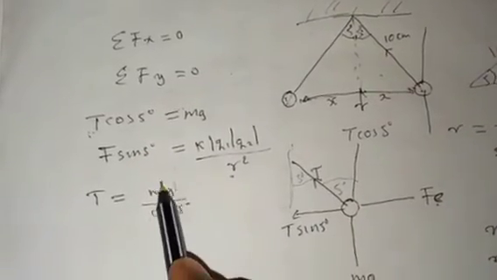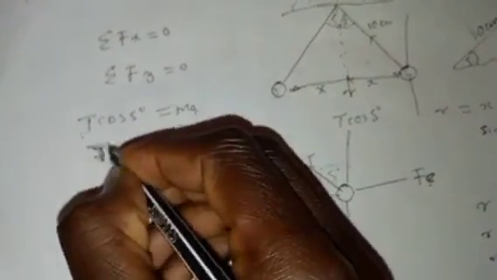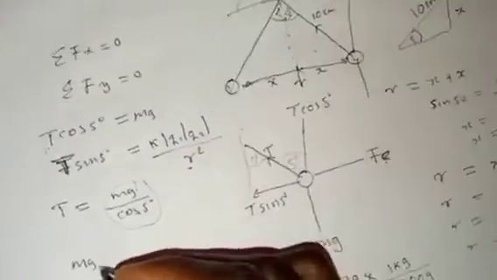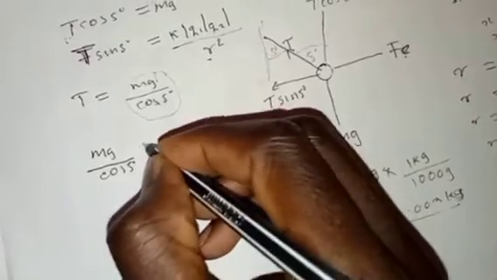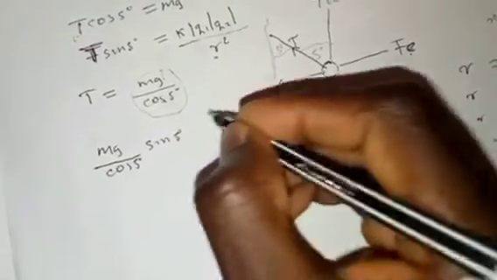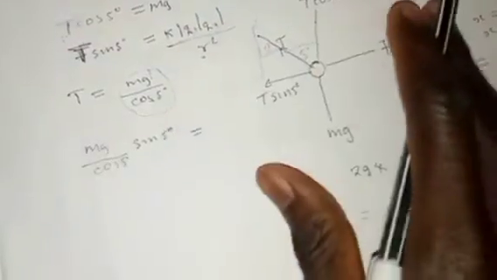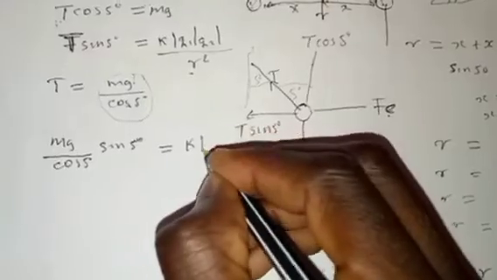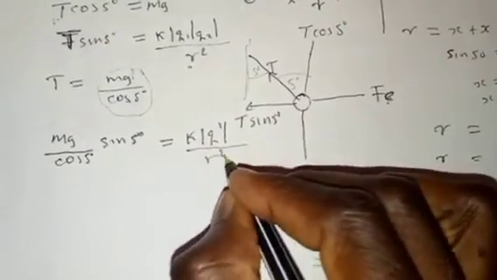Forward. We can take this tension and replace it there to have mg over cos 5 degrees times sin 5 degrees equal to k Q1 Q2 over r square. Remember, here the charges are the same, they're identical, meaning that you can just put q square over r square.